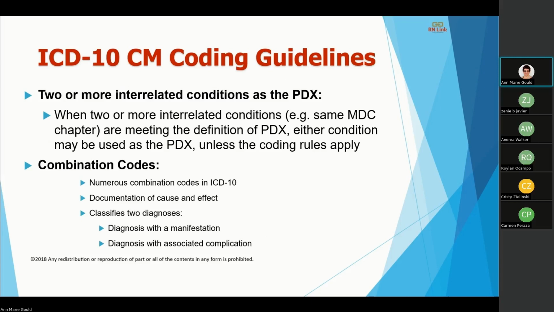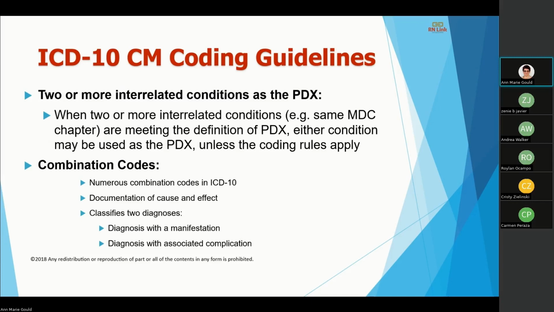Another coding guideline that CDSs should be familiar with is combination codes. There are numerous combination codes in ICD-10. There are so many of them, I can't even think of all of them. But their documentation is cause and effect, right? Those are some of the combination codes, classified as two diagnoses. It could be a diagnosis with a manifestation or a diagnosis with an associated complication.